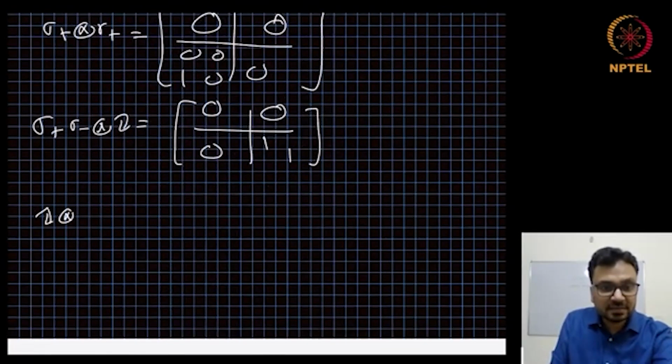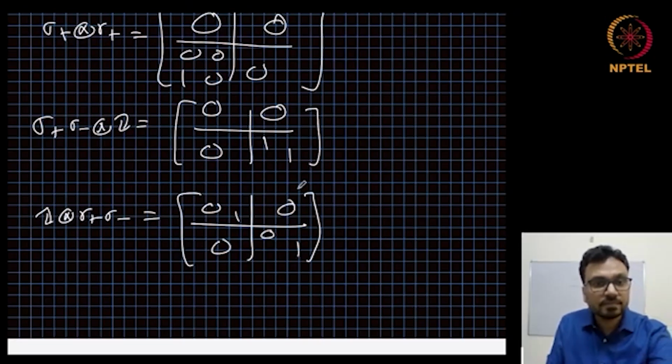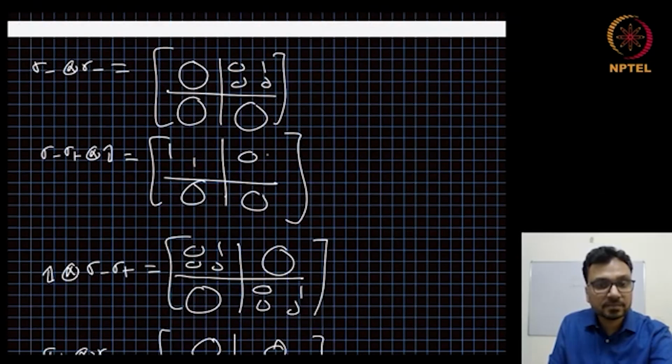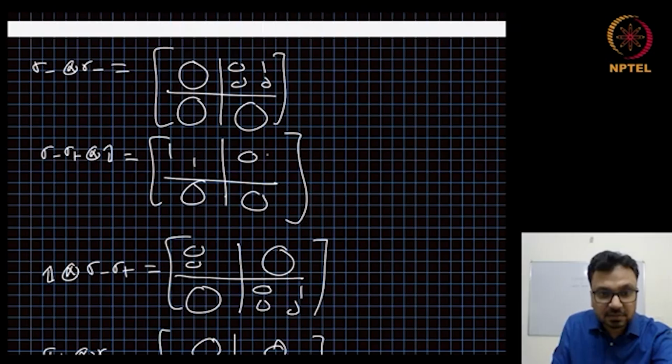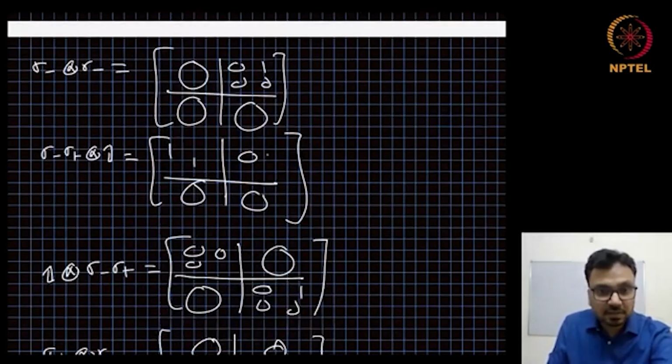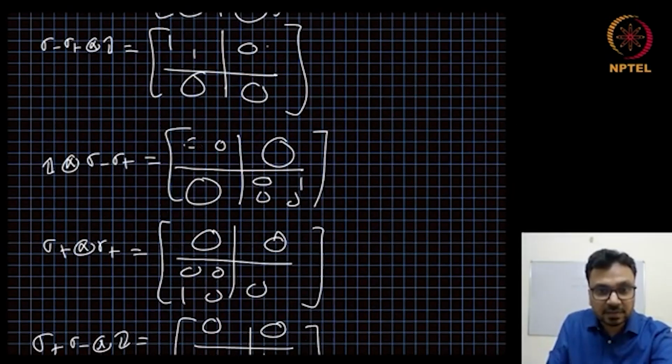And identity tensor sigma plus sigma minus will be... I'm sorry, this is not correct. Sigma minus sigma plus is the upper one, so this will be 1 0 0 0, and this one also 1 0 0 0.